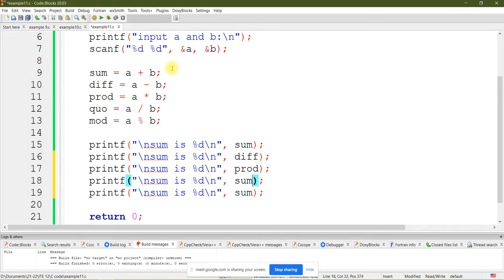This is for the quotient, and this is for the mod. Of course, we also print the labels: diff, prod, quo, and mod. Alright, let us try to run it.